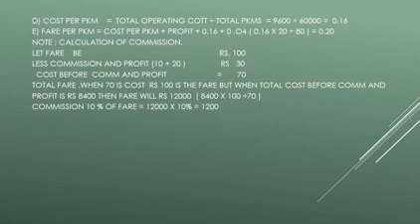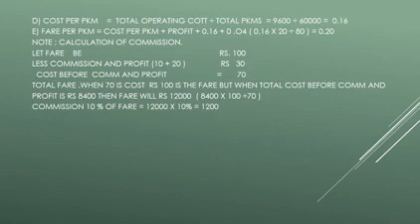Now we have to calculate cost per passenger kilometer. Cost per passenger kilometer is equal to, as you all know, total operating cost divided by total passenger kilometer. Fill up the figures. Total operating cost, as we have already calculated, 9,600 rupees.